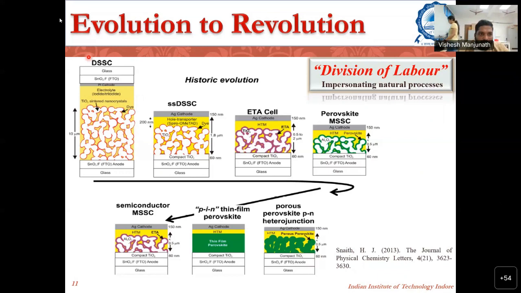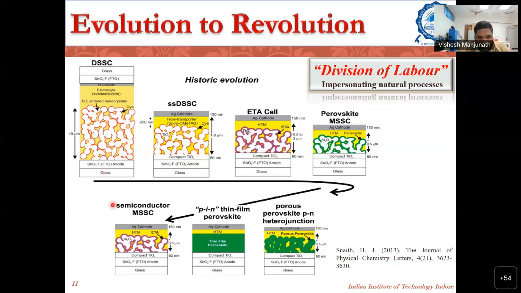So similarly, when we see this dye-sensitized solar cell here, we have a transparent anode, you have a transparent cathode, right? And in this, you have coated a back metal contact, which is a platinum cathode. And we have TiO2 nanocrystals on which the dye is sensitized. And this is filled with electrolyte.